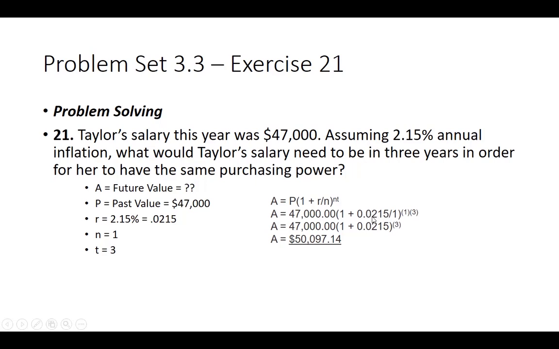Take care of the division next. 0.0215 divided by 1 is 0.0215. Add 1 to that. Keep it in the calculator. Raise it to the third power. Keep it in the calculator. Multiply by 47,000, and then rounded to the nearest cent, we get $50,097.14.